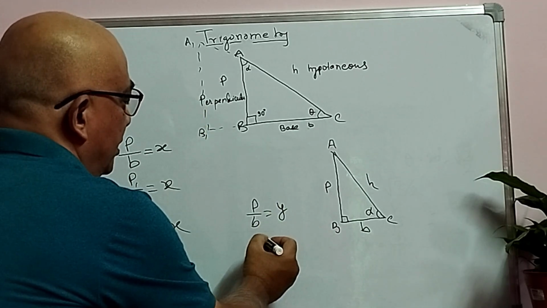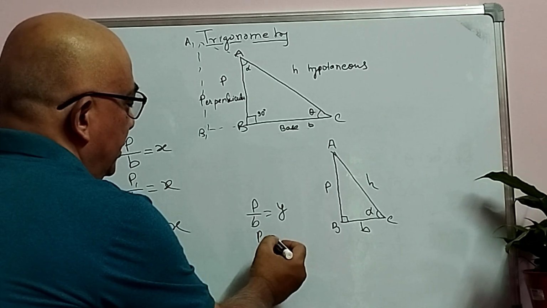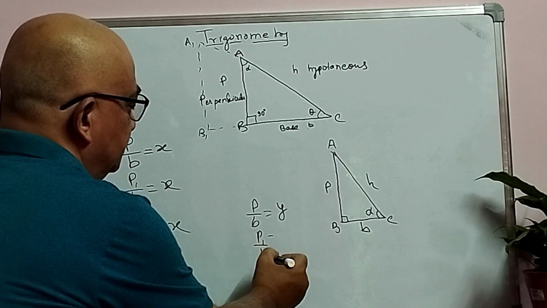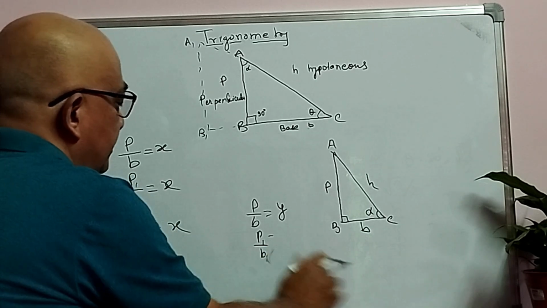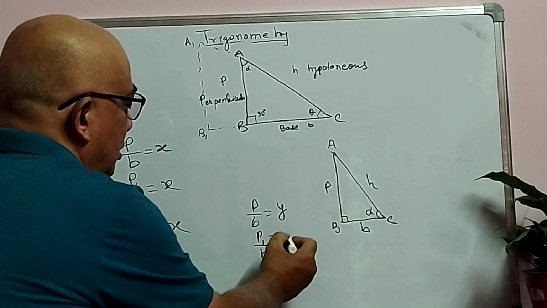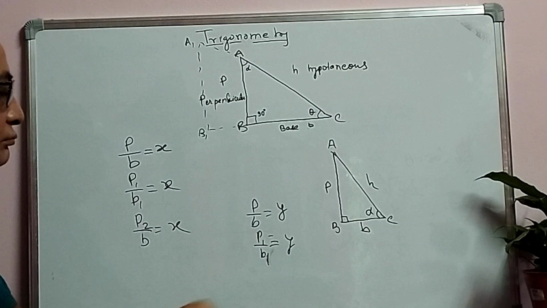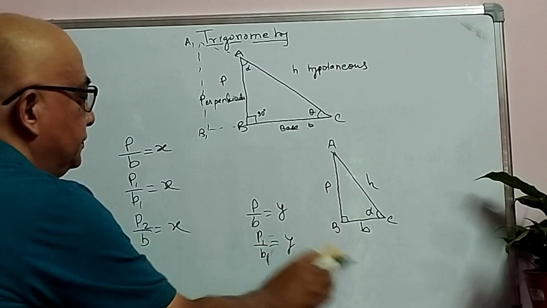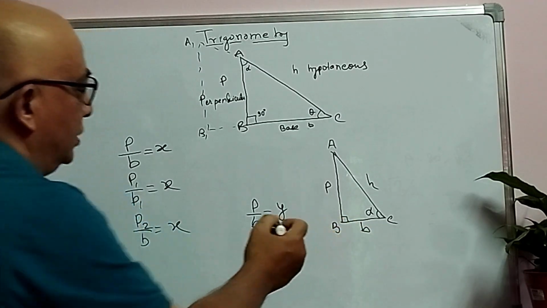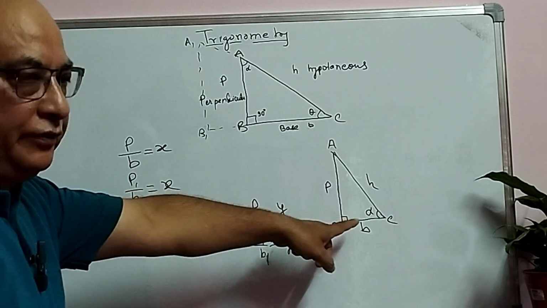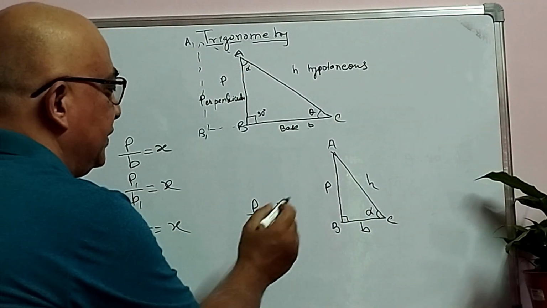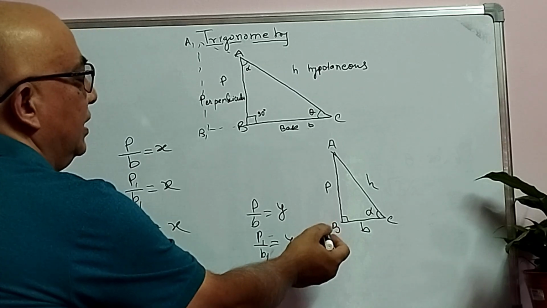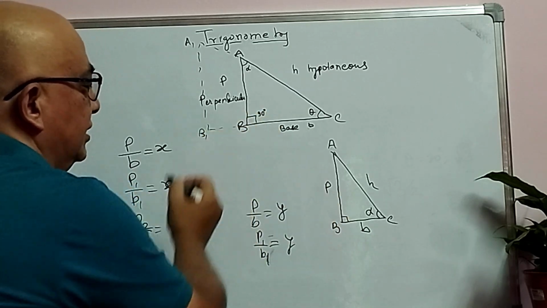So P1 by B1, P2 by B2, is again Y, because the angle of reference alpha has been kept. Only the sides have been elongated, as in this case.